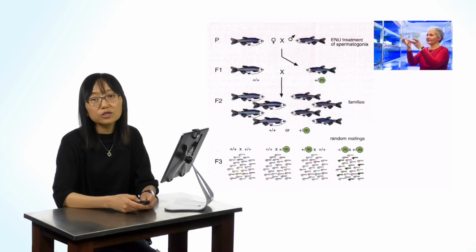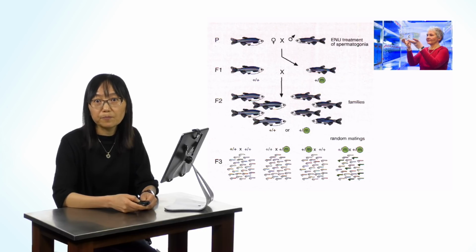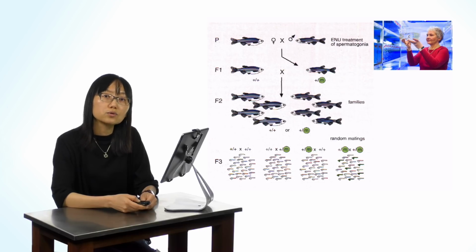In the late 1990s, Christiane Nüsslein-Volhard led another large-scale genetic screen, this time in zebrafish. She designed a 3-generation breeding strategy to identify recessive mutations with defects in zebrafish development. Among these are a group of mutants with defects in heart formation or function.